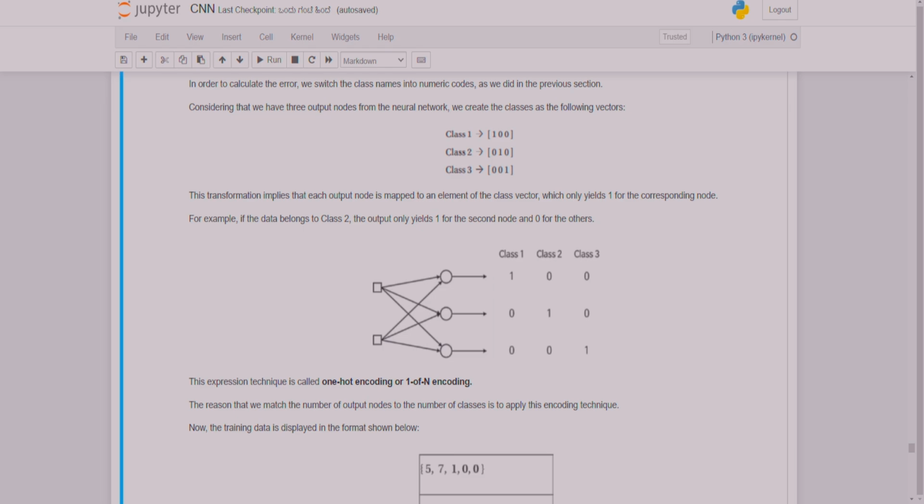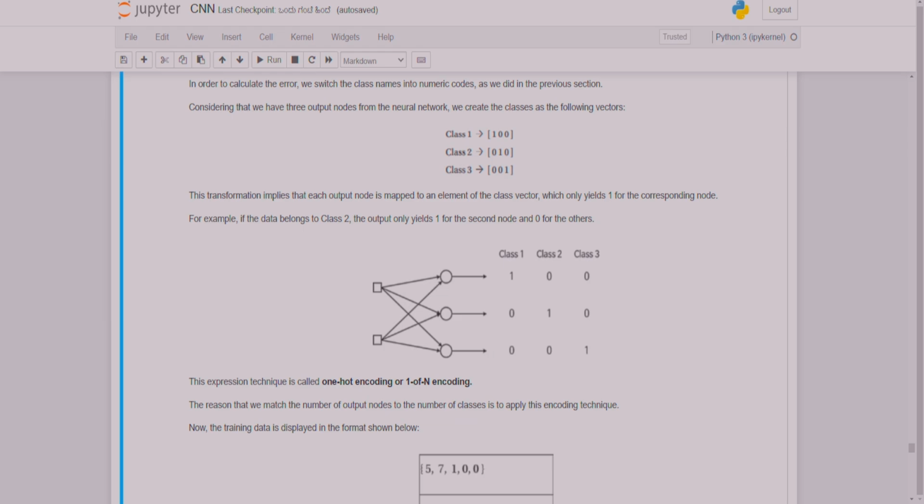Since our assumption is that for class 1 this is the case, we expect only one neuron to generate that one, and the other two remain low, saying this data does not belong to their class. The second neuron is expected to fire only when it is class 2.